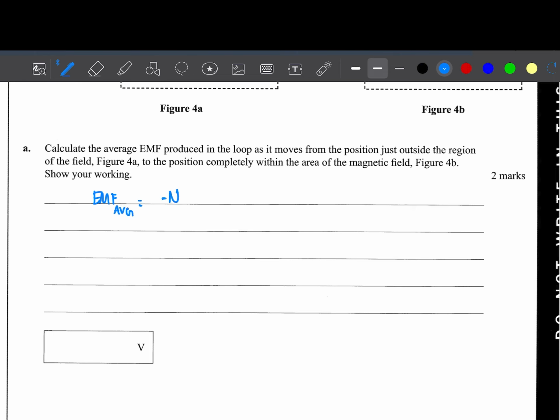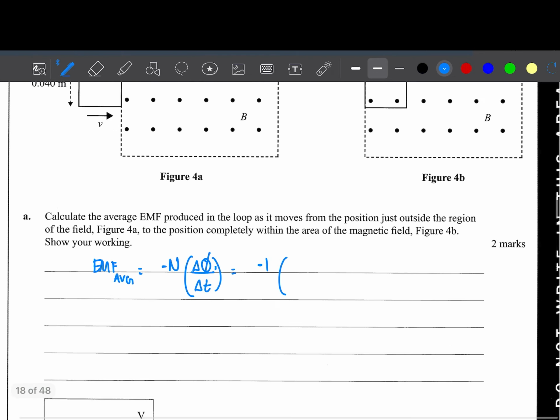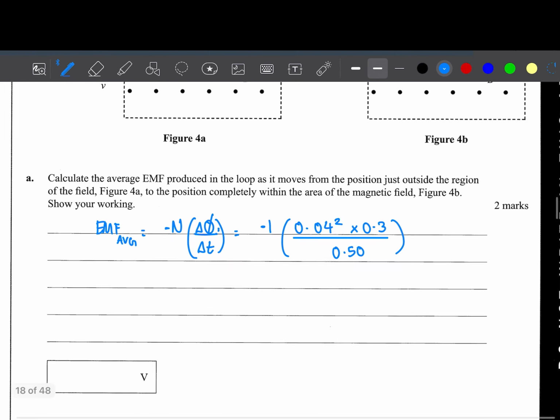Right, so EMF average is going to be equal to negative N, which is the number of coils, times change in magnetic flux over change in time. They didn't mention anything, so I'm just going to say that it has only one coil, times 0.04 squared, because change in magnetic flux is B times A, times 0.3, divided by 0.5.